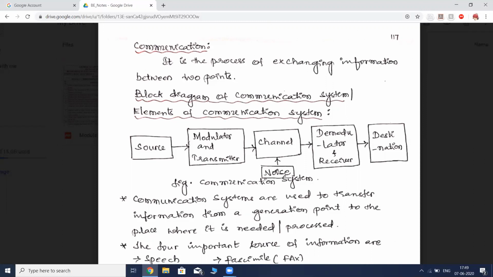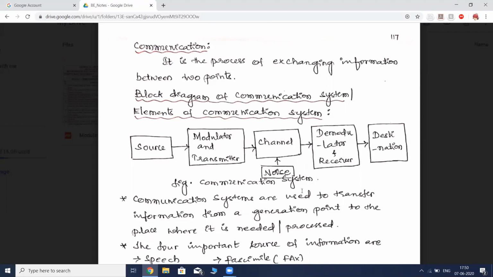That is done by the modulator, also known as the modulator and the transmitter. Once it is converted, it is put on the channel.